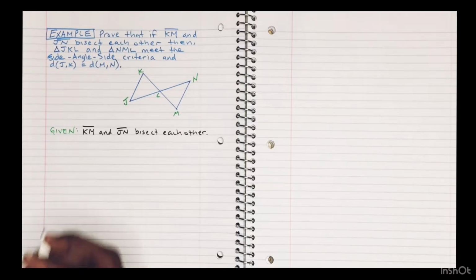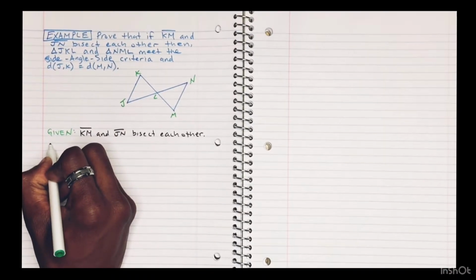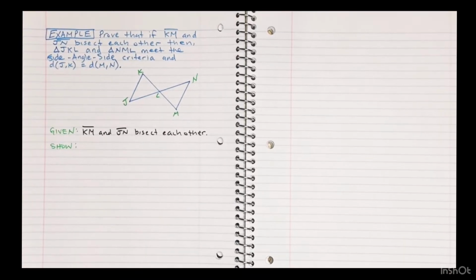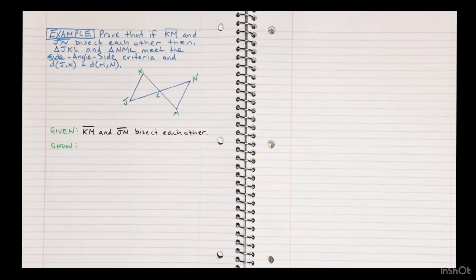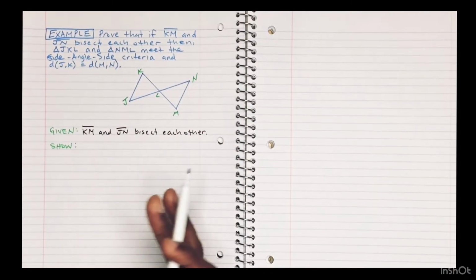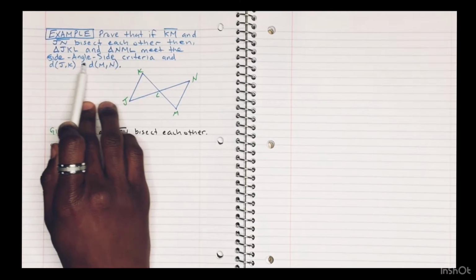Now for your show statement, which I'll write, let's skip a line and write it here. Your show statement you can find in your example right behind the then statement. So it says then the triangle JKL and the triangle NLM meet the side angle side criteria, and the distance between J and K equals the distance between M and N. So what I'm going to do is I'm not going to put the side angle side part.